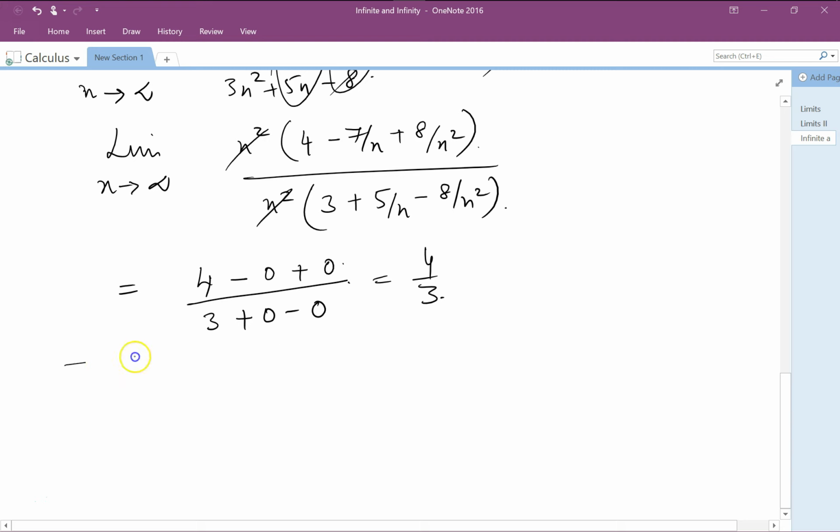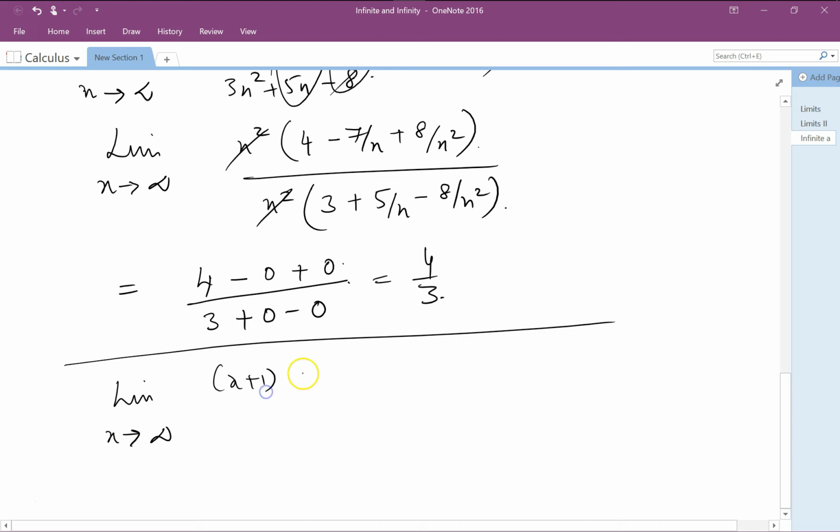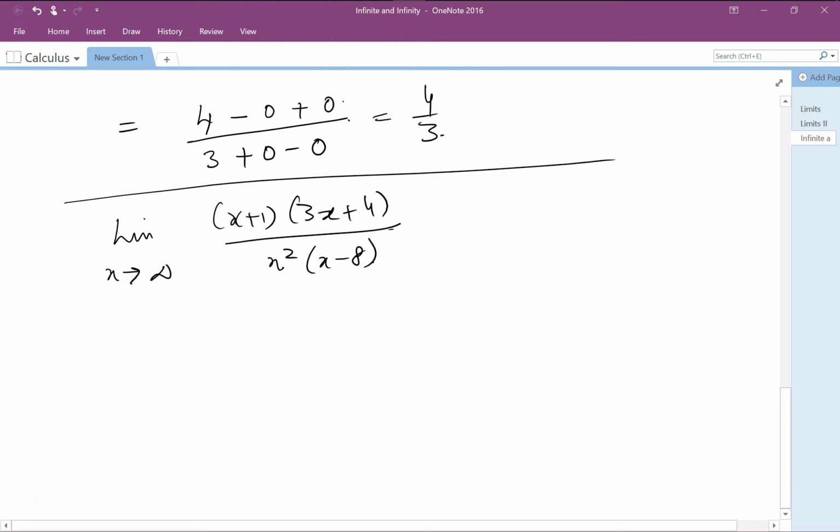Okay, let's take another one. Limit as x approaches infinity of (x plus 1)(3x plus 4) by x square times (x minus 8). Okay, so here what do we do? We can use the same procedure.